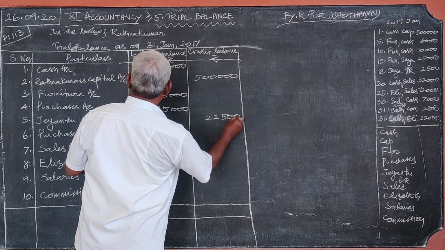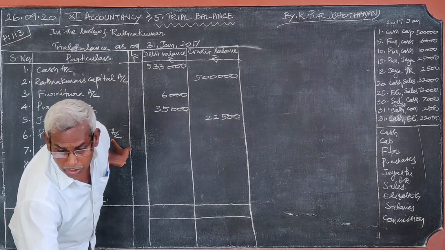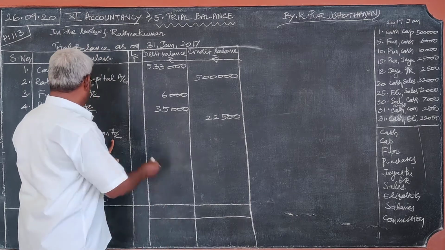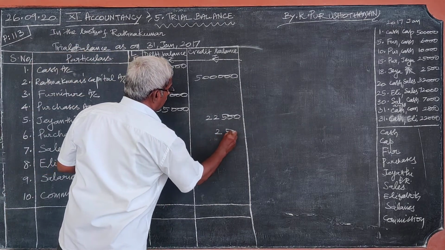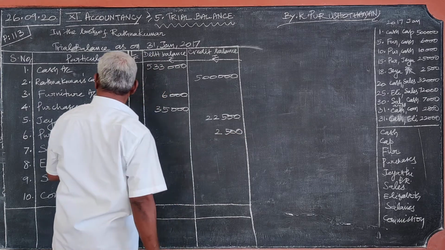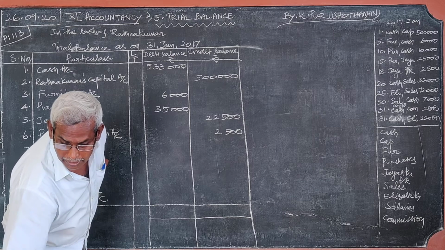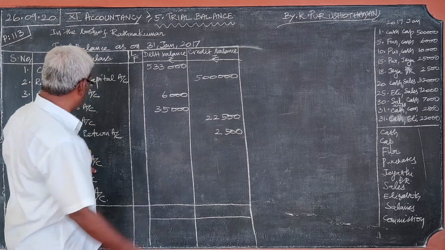For purchases return account, the brought down is on the credit side, 2,500. And for sales account, the brought down is on the credit side, 1,04,000.